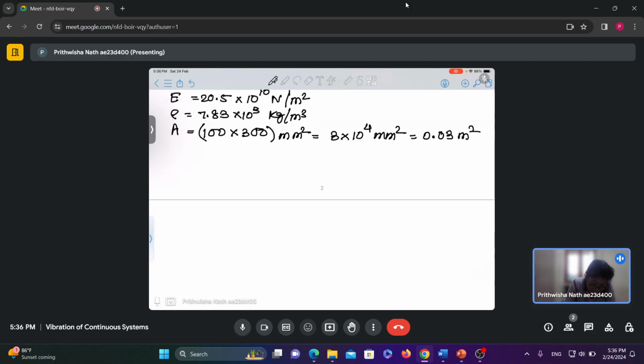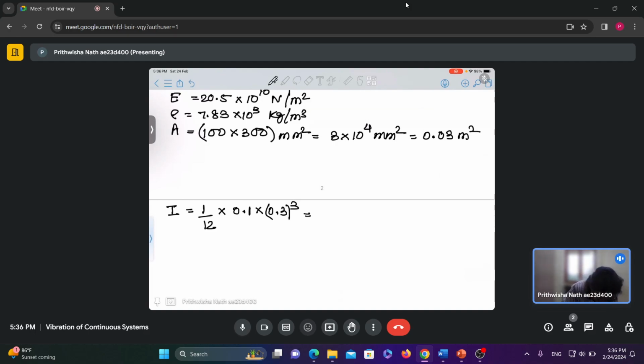So I can calculate the moment of inertia I, which is equal to 1 by 12 into 0.1 into 0.3 cube.